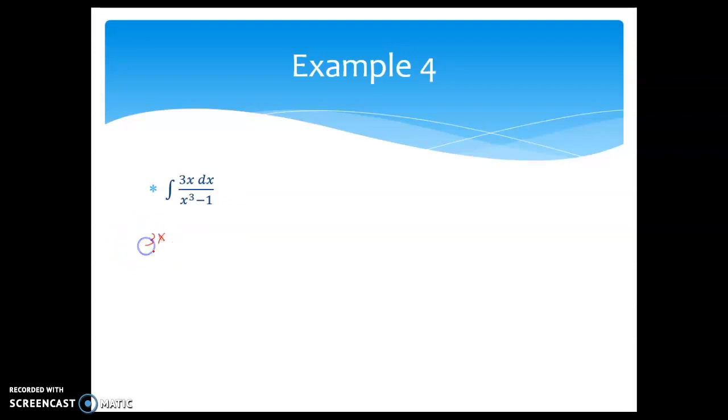So we have 3x over x cubed minus 1. That would be equal to 3x over x minus 1 times x squared plus x plus 1. This is a difference of cubes, so we can factor it this way.